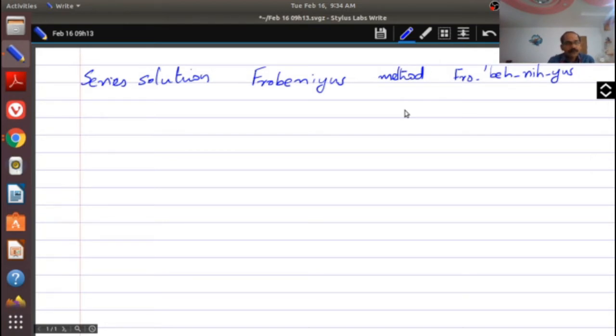So here, as you know, the equation is y double dash plus p of x y dash plus q of x y is equal to 0. This is homogeneous because all the terms have y, y dash or y double dash.